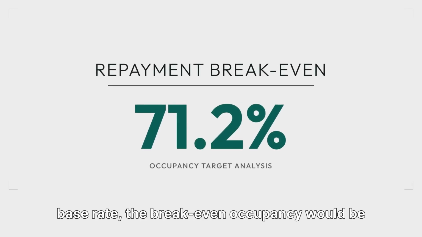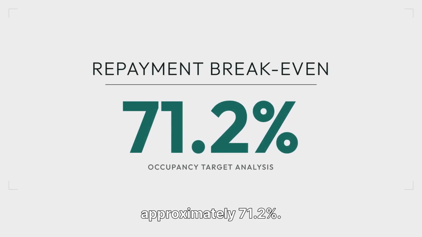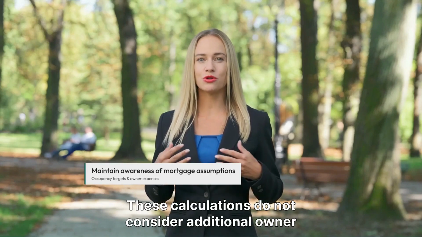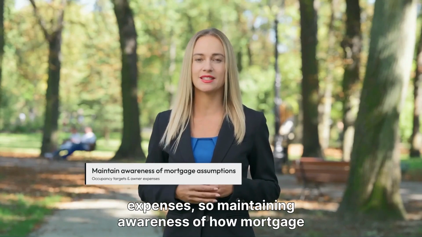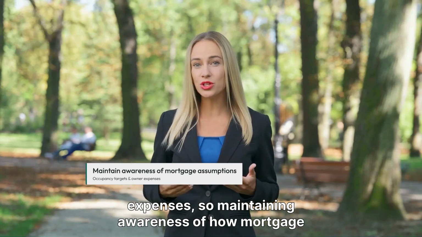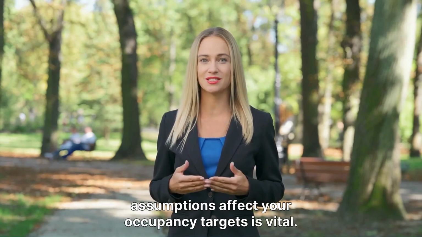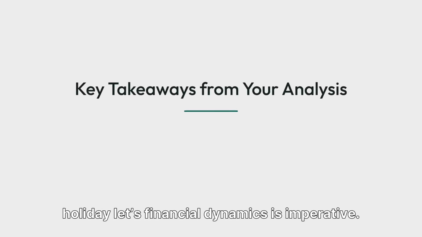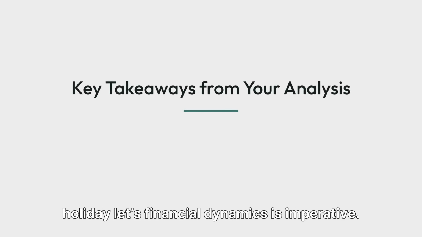For the 25-year repayment option under the base rate, the break-even occupancy would be approximately 71.2%. These calculations do not consider additional owner expenses, so maintaining awareness of how mortgage assumptions affect your occupancy targets is vital.